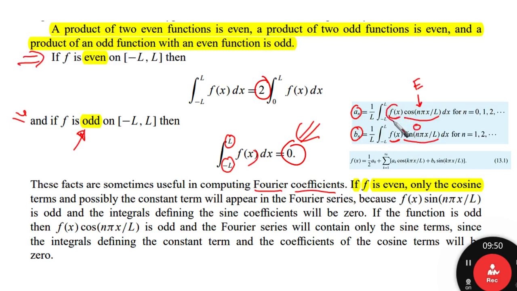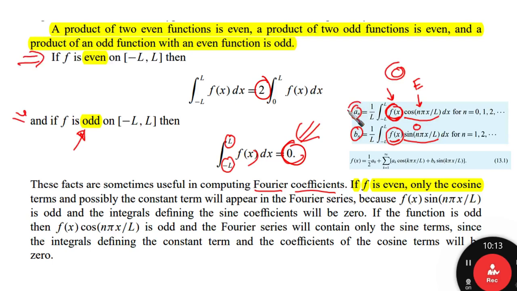So if our function is even, then the integration is going to be 2 times the integral from 0 to L of the function. But if our function is odd, let's assume this is odd and this is even, so they are multiplied by one another, then it is going to be odd. So the integration is going to be 0.